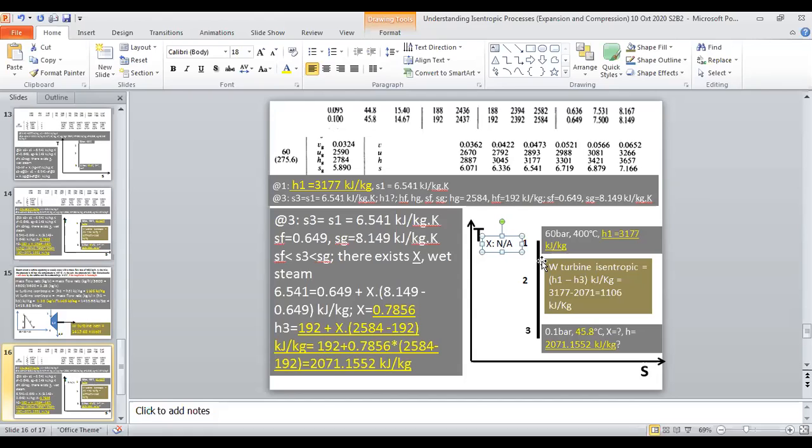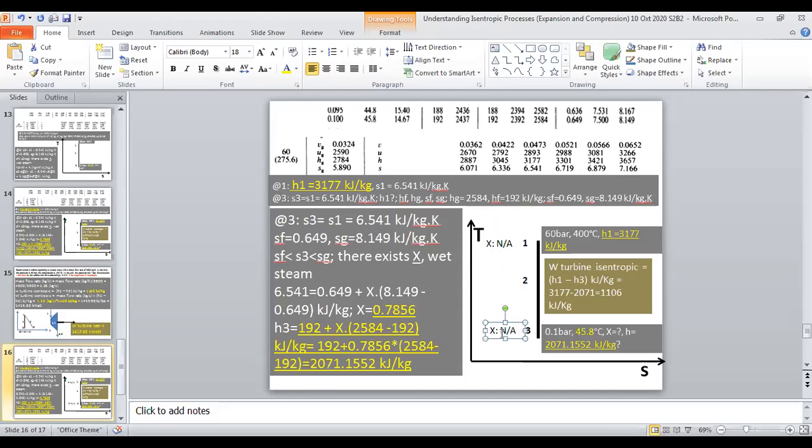Slowly, energy is released from the steam.